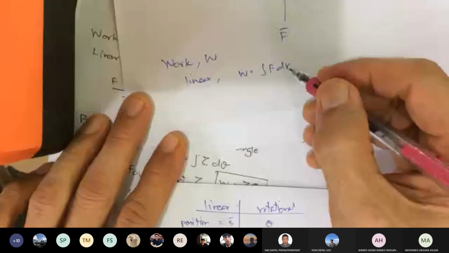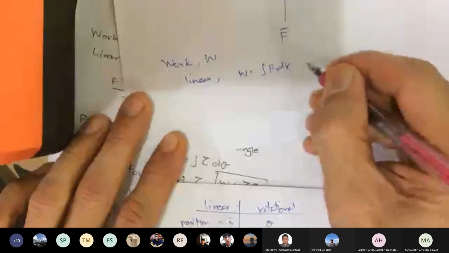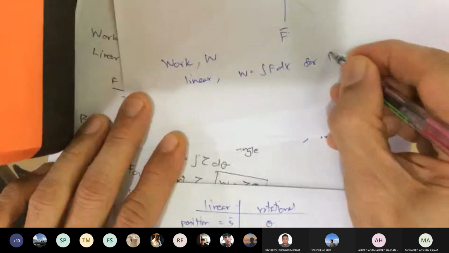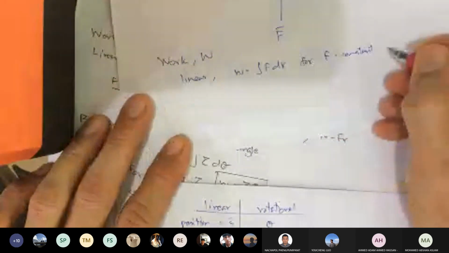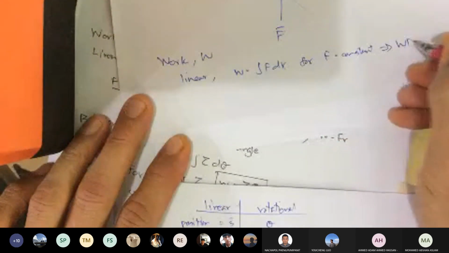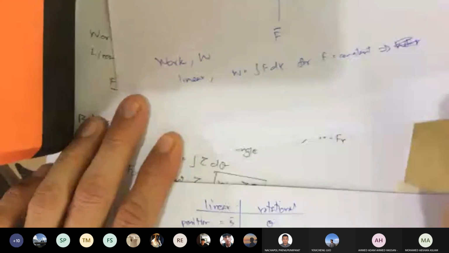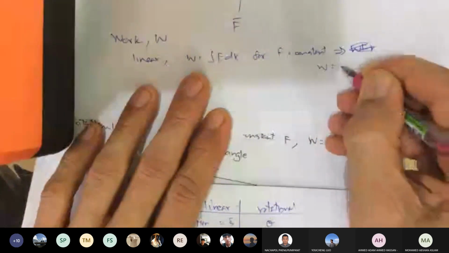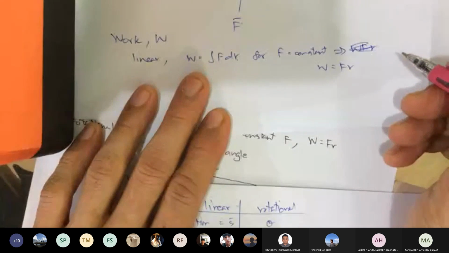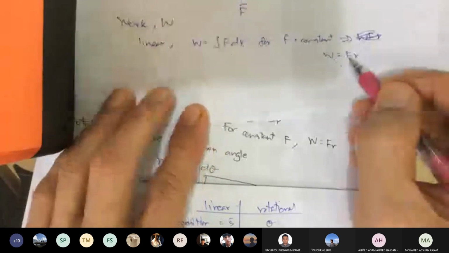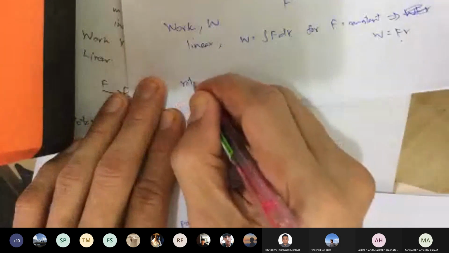If it's constant force, then W equals force times position. See? But we don't deal with linear, we deal with rotational.